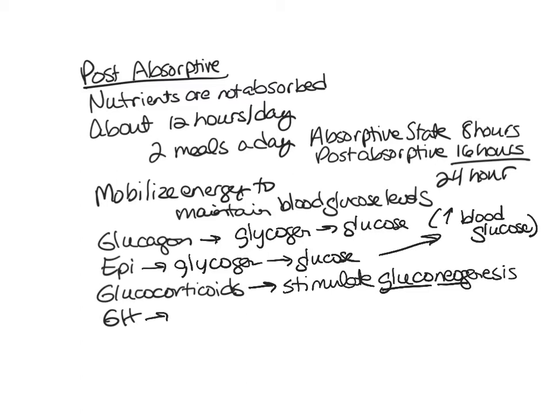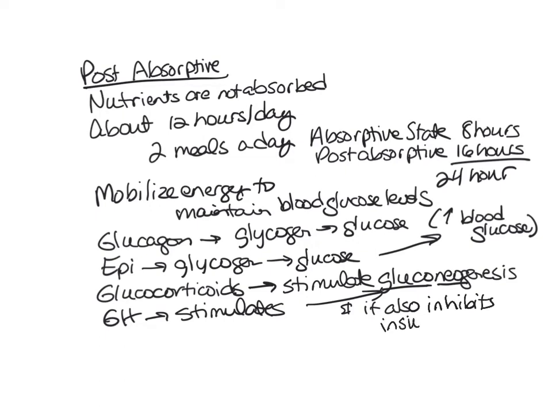And growth hormone also stimulates gluconeogenesis, and it also inhibits insulin. So if it's inhibiting insulin, that means that glucose can't get into your cells, and if glucose can't get into your cells, then glucose will remain in the blood and you'll have an increased blood glucose level.